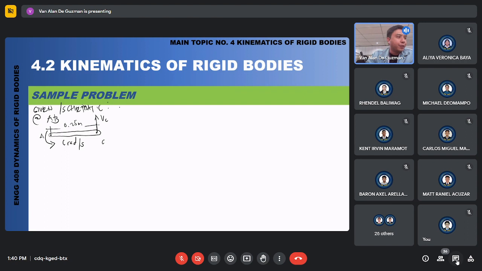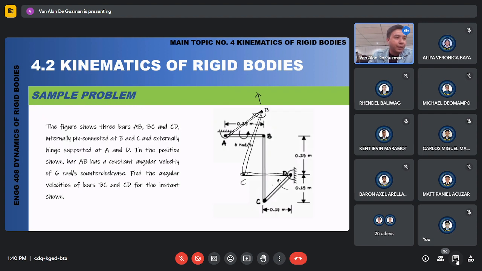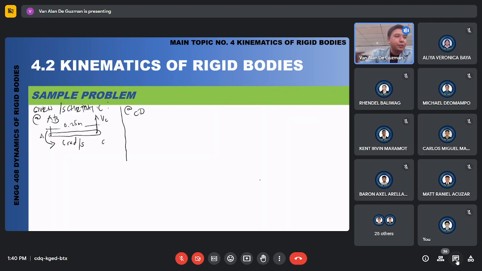So, we can move on sa sunod natin na component, at CD naman tayo, at bar CD. Ano naman yung itsura ng bar CD natin? Di ba ganito yung itsura niya? Yan, this one right here. This is at D, ito yung ating fixed connection, ito yung ating hinge. This one is C. Okay?